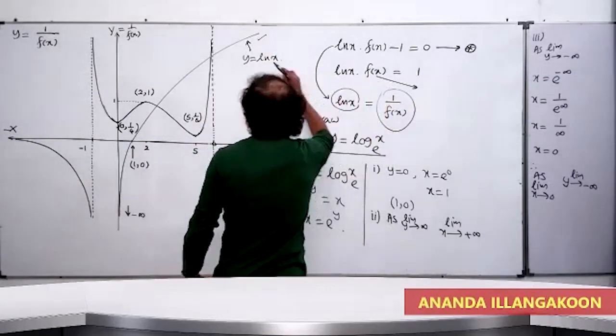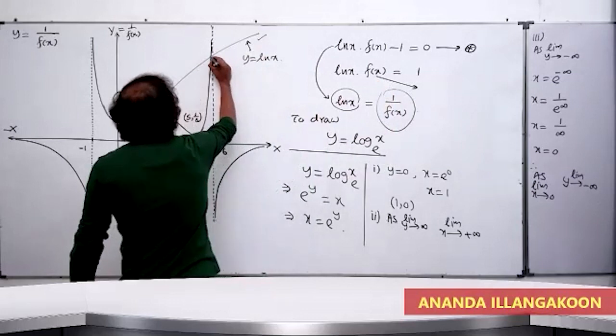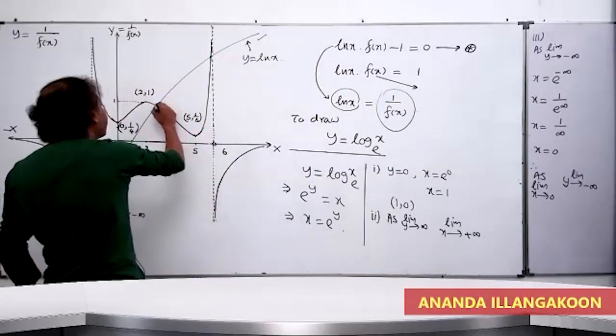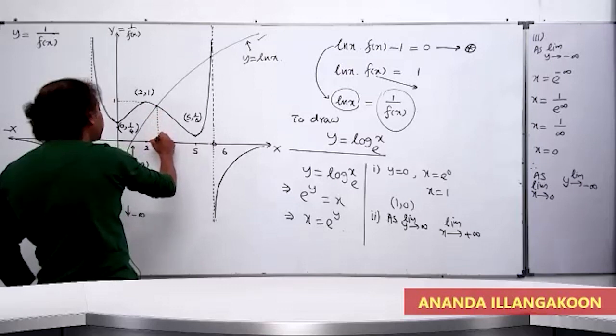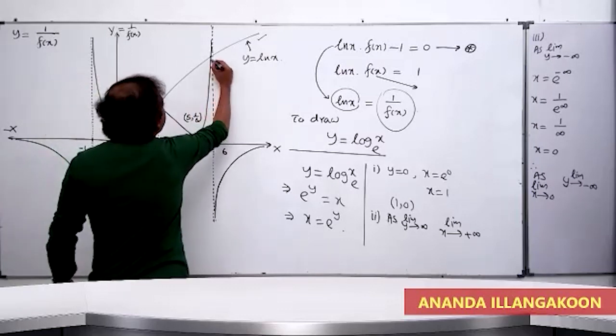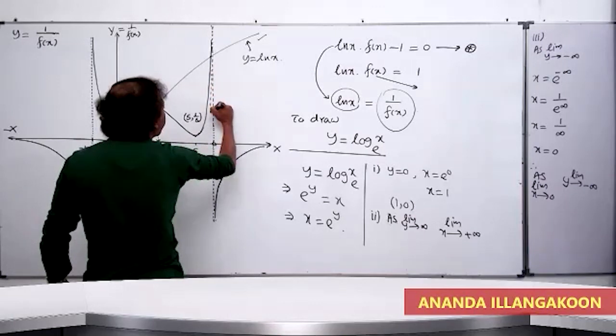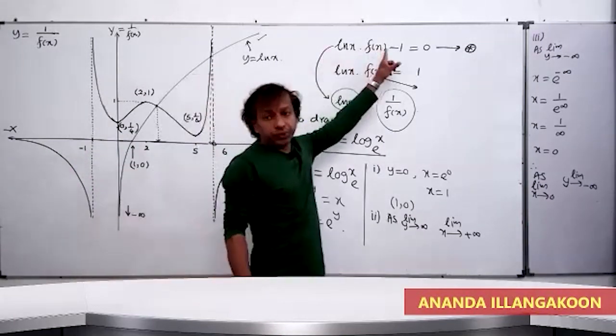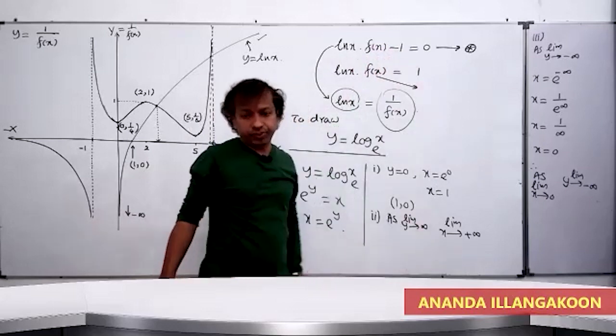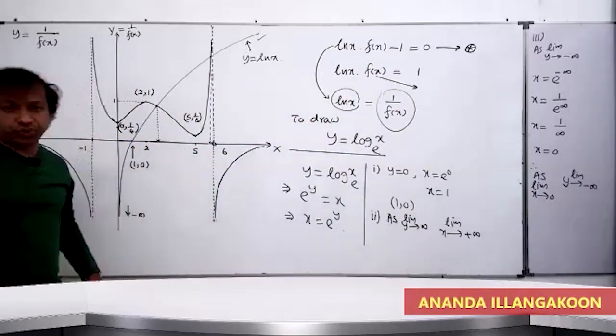The 1 upon f(x) graph is the earlier one. For them, there are 2 points of intersection, here and here. There are therefore 2 solutions for this equation.